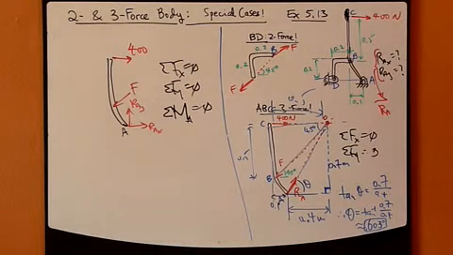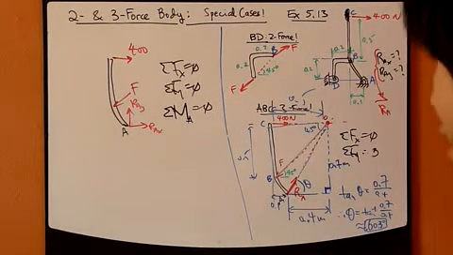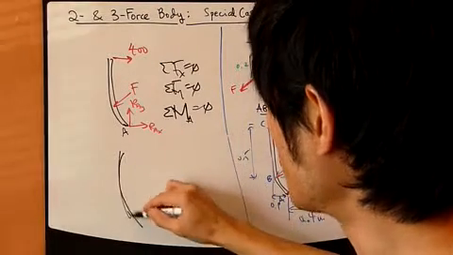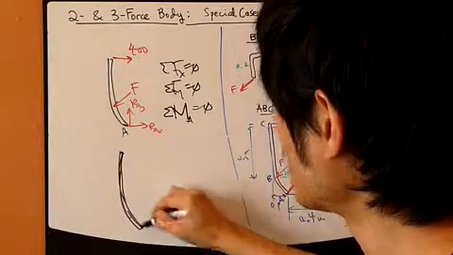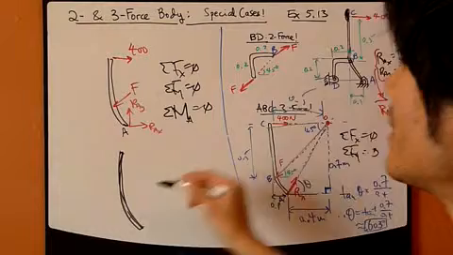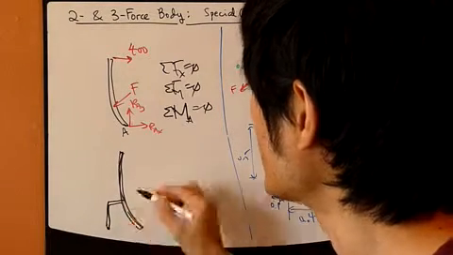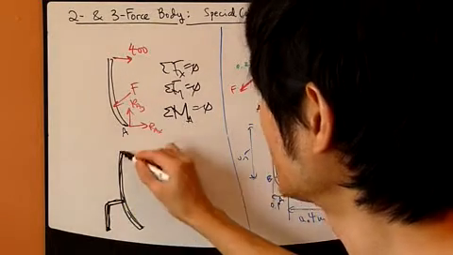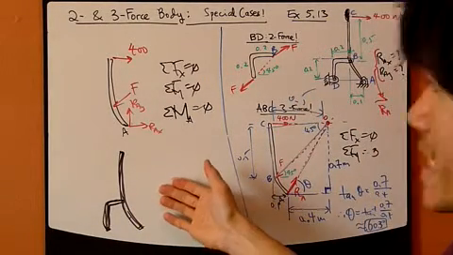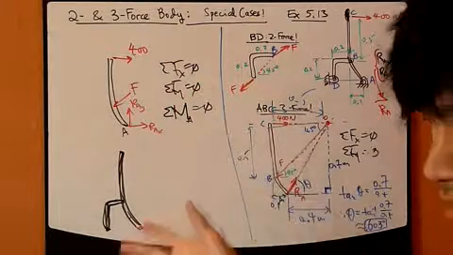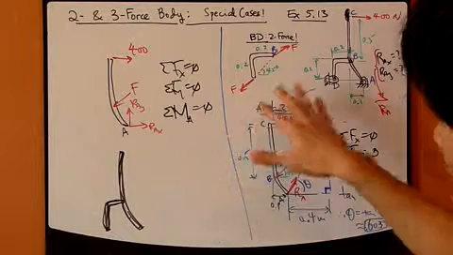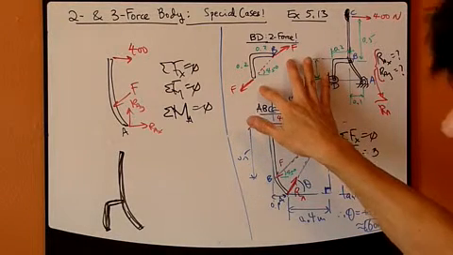And there's also a third free body diagram you can draw to analyze this problem. I can draw ABC and BD together, combine them as a single free body diagram, a single piece. What happens here now? If you look at the last video, we talked about internal versus external forces.